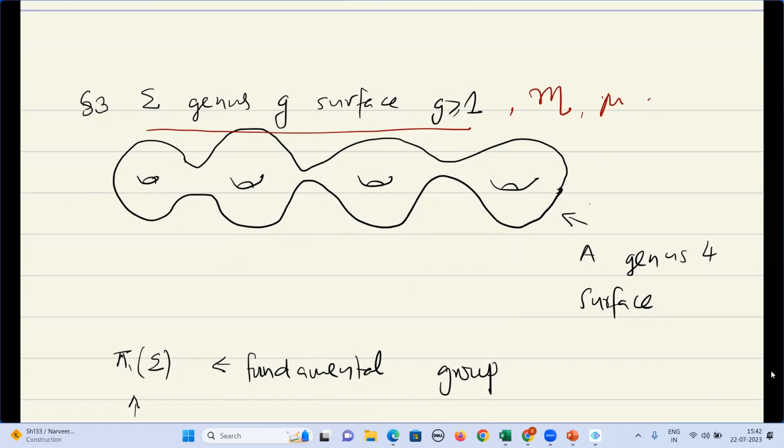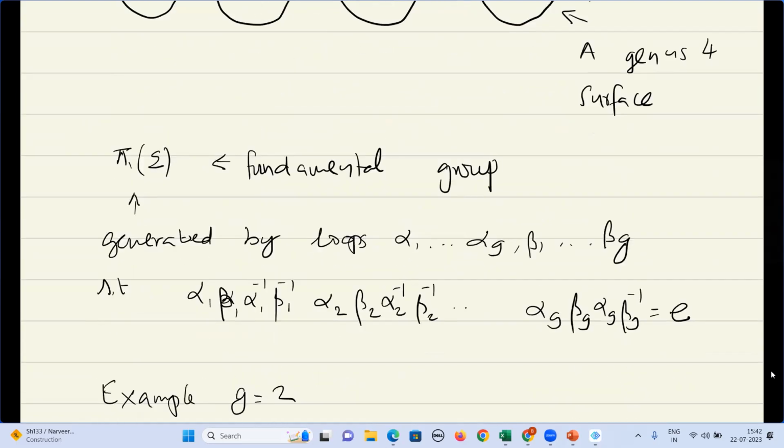Now, take the fundamental group of this surface. To define a fundamental group, you first must fix a base point, and then you must consider closed loops beginning and ending there.